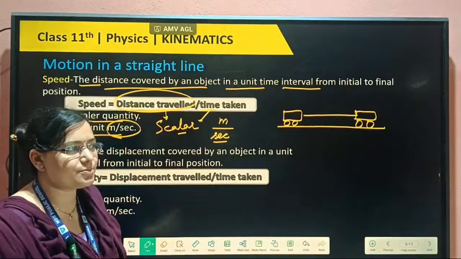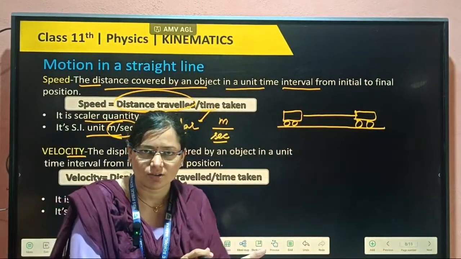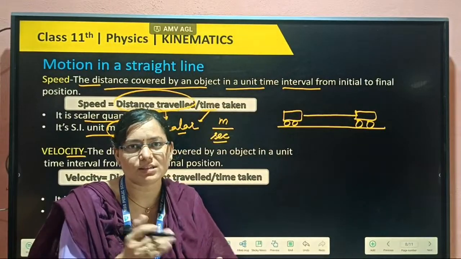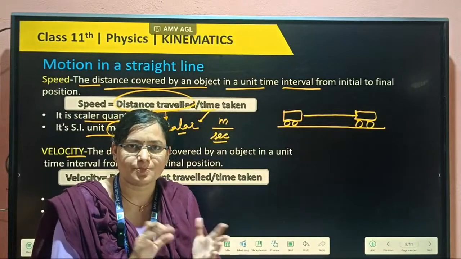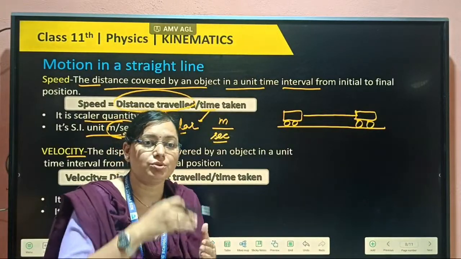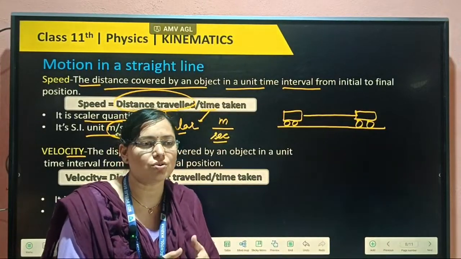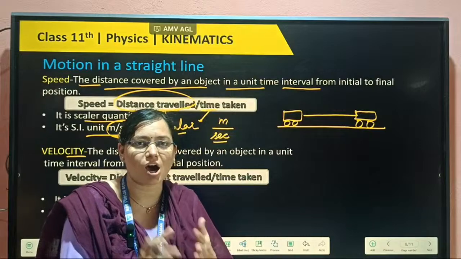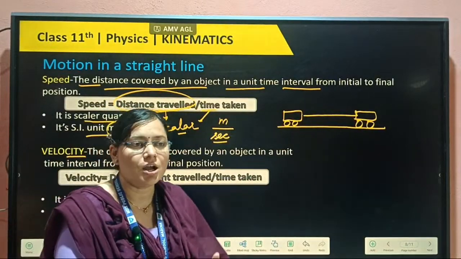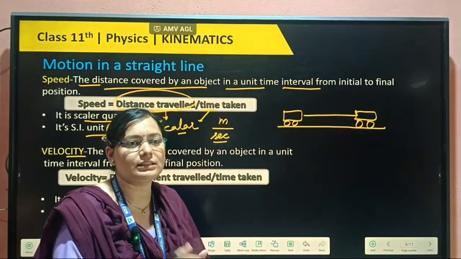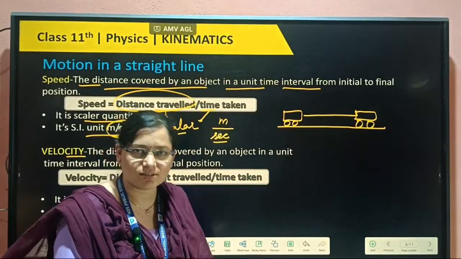In distance and displacement we are talking about the path, how far we are going, how much ground we are covering. Speed and velocity mean how much we travel in how much time. The total path covered in some time is speed. The shortest path covered in some time, that is velocity.